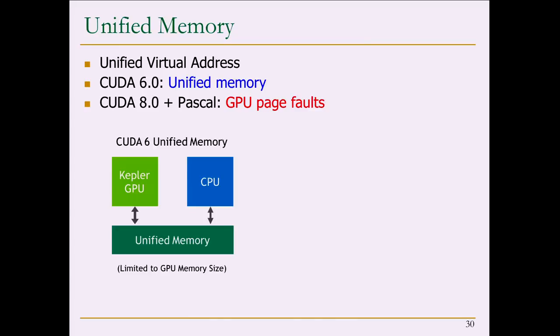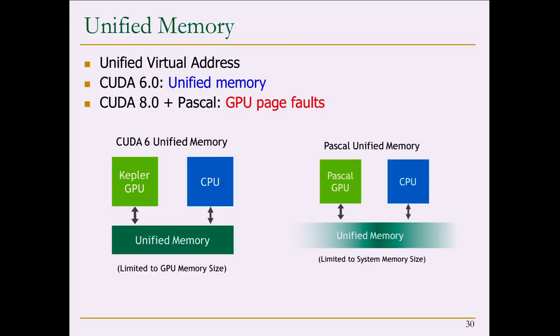This is just handled by software. But more recently, with the Pascal architecture and since CUDA 8, the unified memory was really unified. The newest version right now is CUDA 9, for your reference.